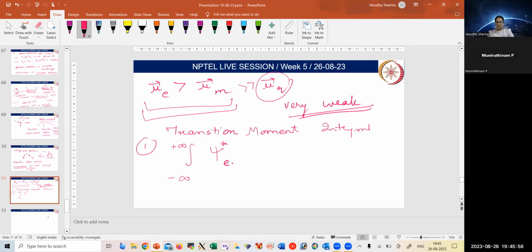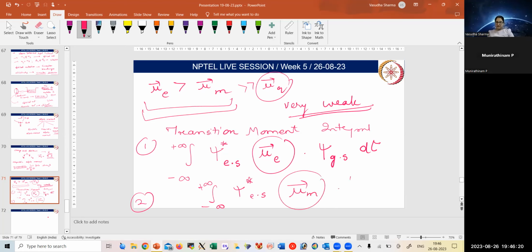This is your wave function of the excited state. Now this is your operator, the vector electrical dipole moment, and psi is your ground state and d tau is your volume element. And the second vector is minus infinity to plus infinity, excited state wave function, mu m, psi of ground state, d tau.